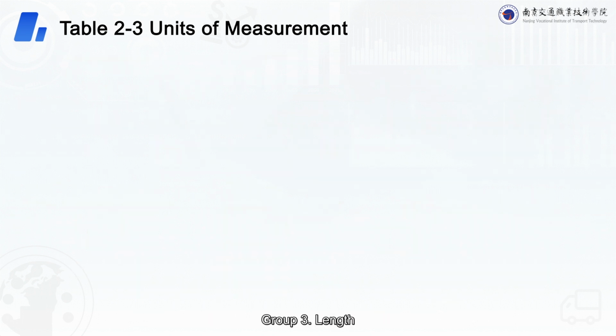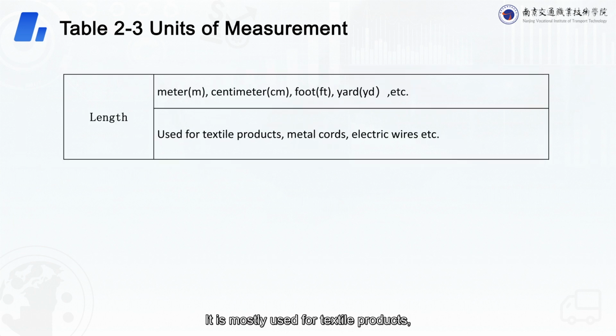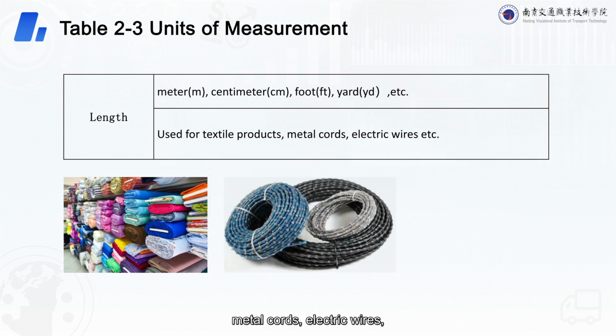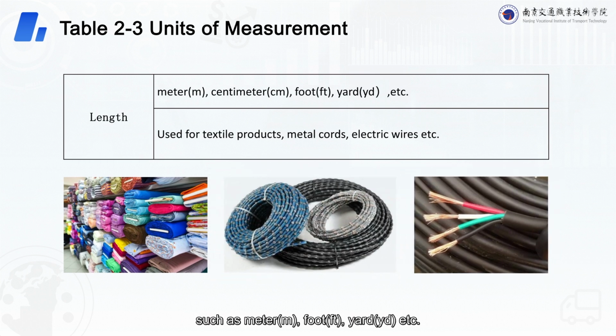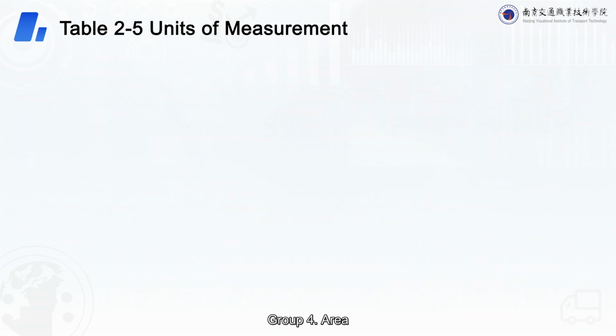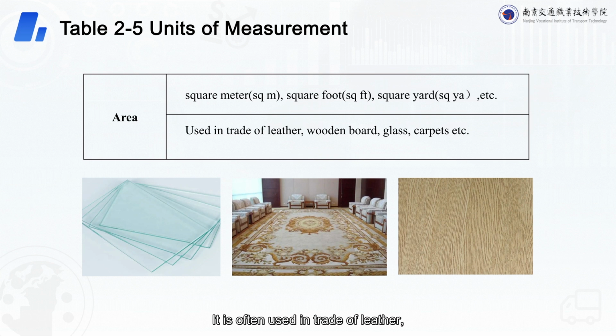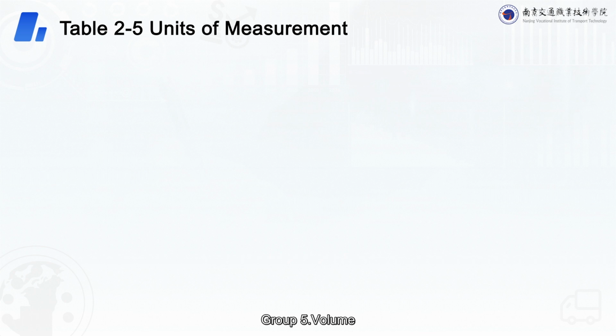Group 3, length. It is mostly used for textile products, metal cords, electric wires, such as meter, foot, yard, etc. Group 4, area. It is often used in trade of leather, wooden board, glass, carpets, such as square meter, square foot, square yard, etc. Group 5, volume.